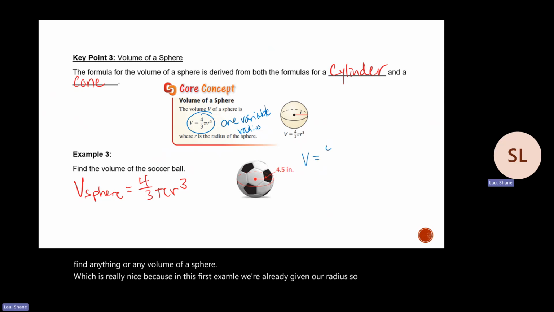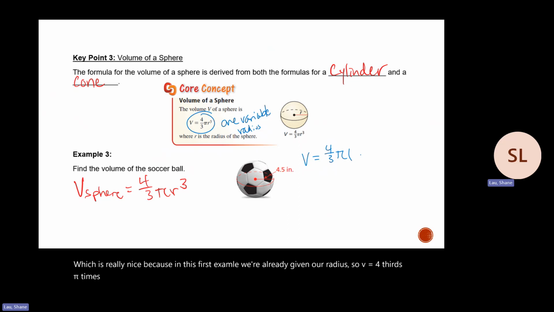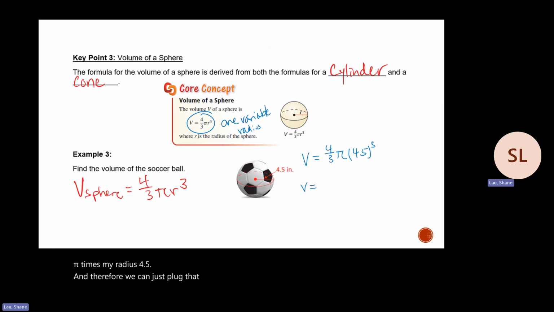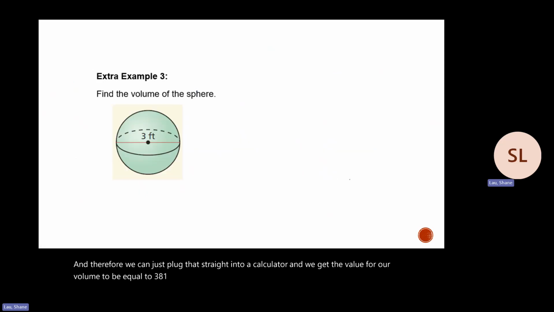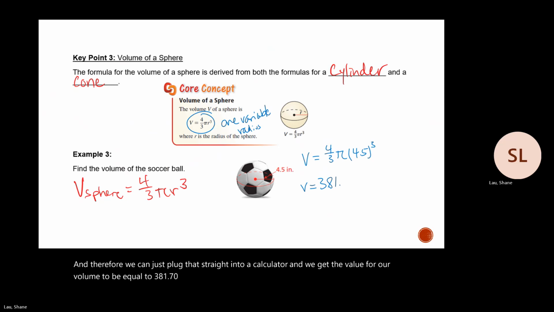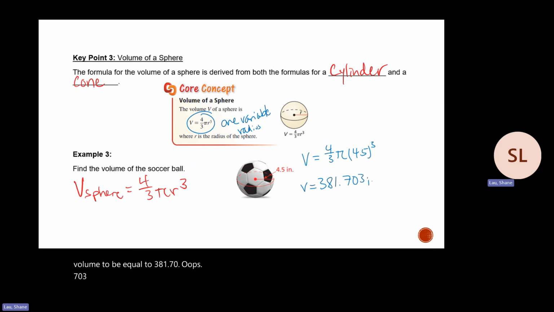So V equals 4/3 pi times our radius 4.5 cubed. And therefore, we can just plug that straight into a calculator and we get the value for volume to be equal to 381.703. That is going to be in inches cubed.